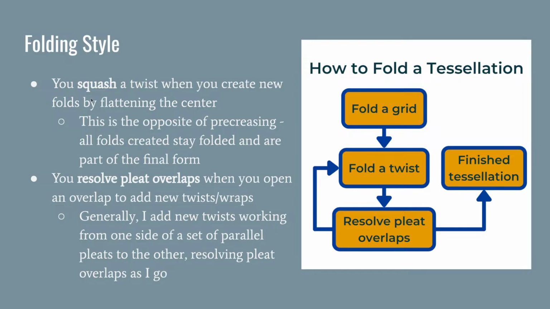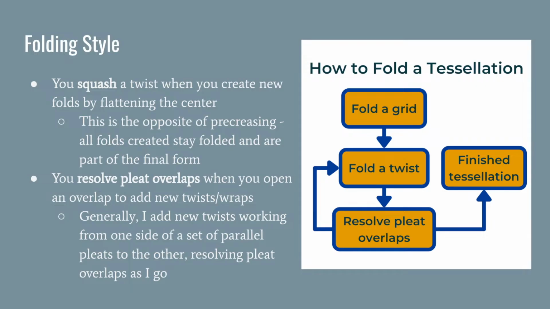This often involves squashing twists. So when you squash a twist, you create new folds by flattening around the center. I mentioned this earlier on the number lines of twists slide. And this is the opposite of pre-creasing.